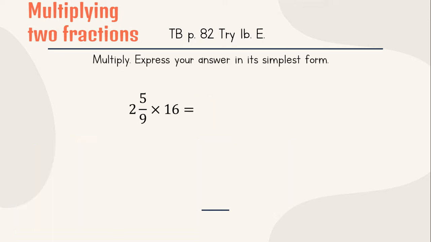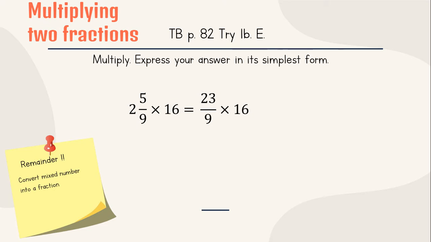E. 2 and 5 per 9 times 16. What is the fraction for 2 and 5 per 9? I give you 3 seconds. 1, 2, 3. 9 times 2, 18, plus 5, 23. So what we have is 23 per 9 times 16. But Miss Tere, can we simplify this with this?